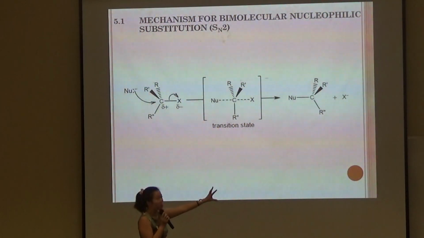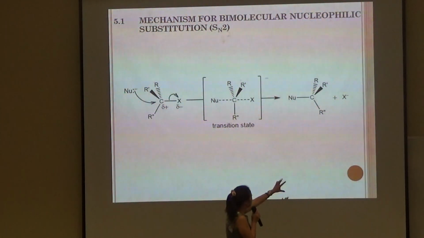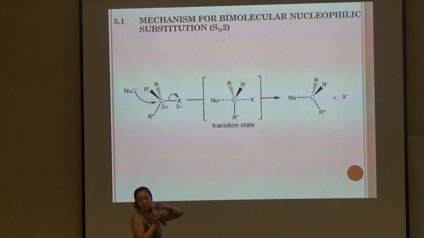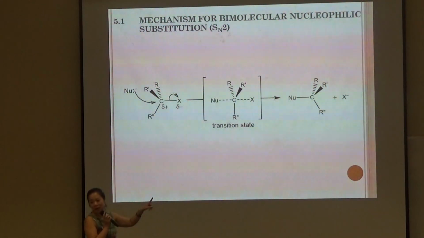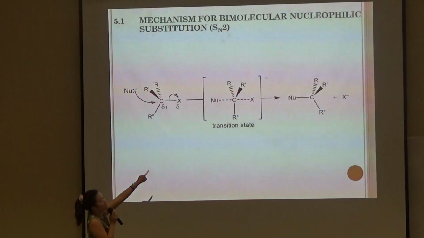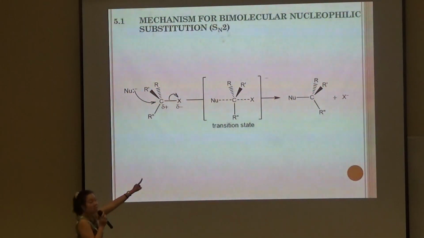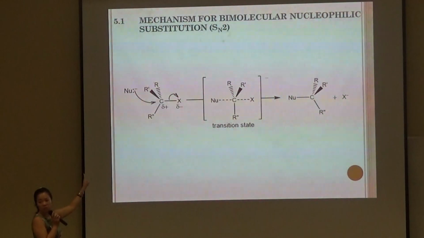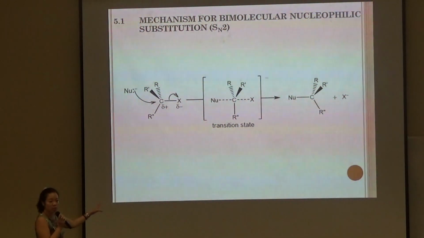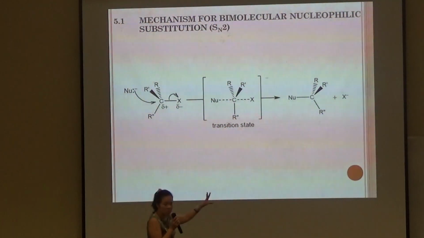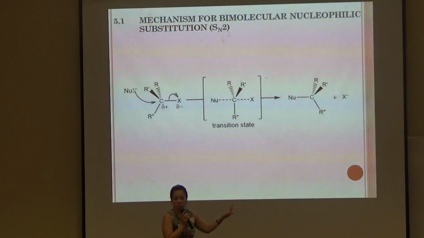And then I have the product being formed, and I have eliminated my X minus, the halide ion. Things to take note: the transition state has a negative charge overall because my nucleophile was negatively charged. If the nucleophile that I use does not carry a negative charge, then my transition state is not negatively charged. You understand what I'm saying here?